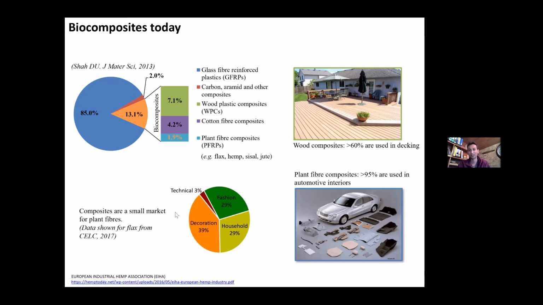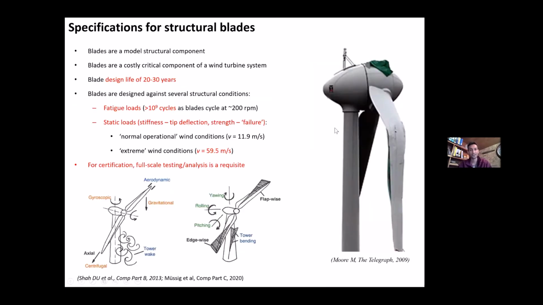Nevertheless, in terms of the applications of the fiber, for flax fibers, which are one of the strongest of the natural fibers, only 3% of the overall output in France, at least, which is one of the largest producers of flax in Europe and in the world, goes into technical applications. A majority of it still goes into fashion, decoration, and household items. So how do you design a biocomposite blade?